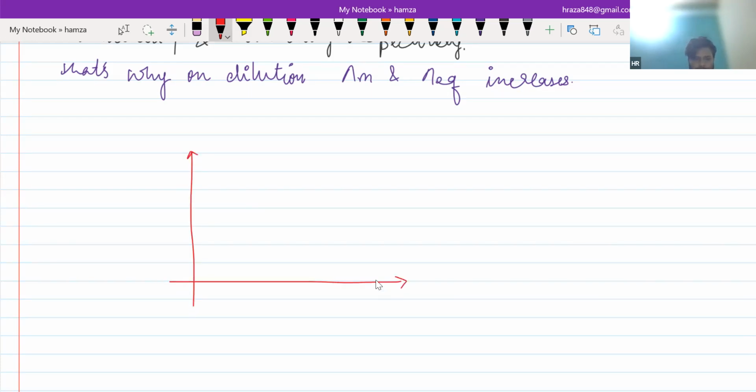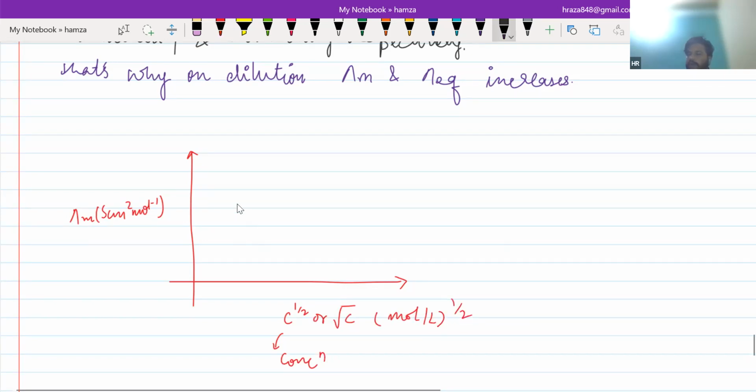Draw the graph with me. This is basically molar conductivity, that means Siemens centimeter square per mole, and C raised to the power 1/2. C is for concentration, or in some books it will be written as under root C in NCERT. And the unit of C is basically mole per liter raised to the power 1/2.